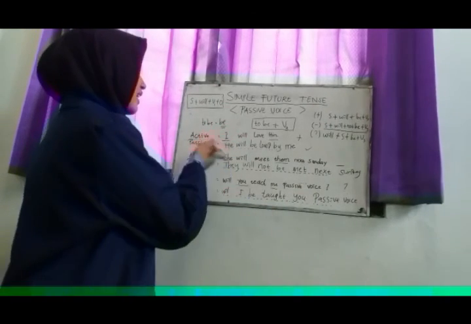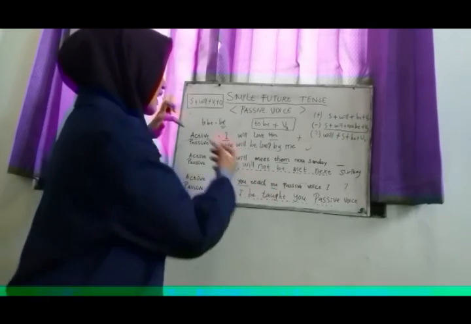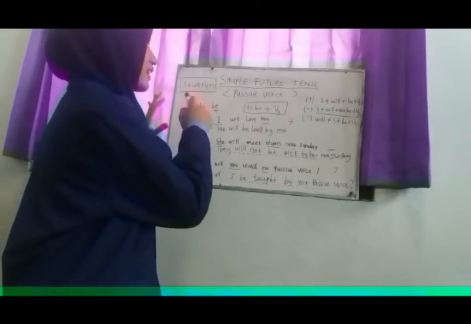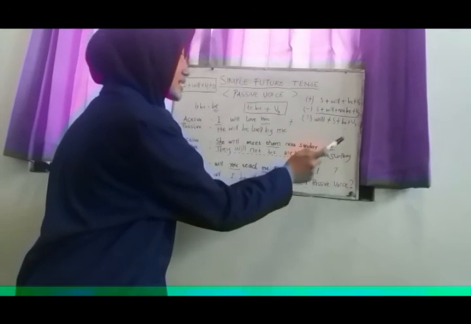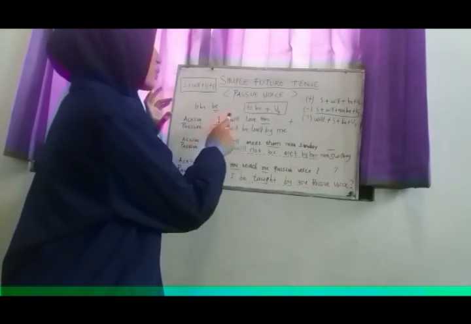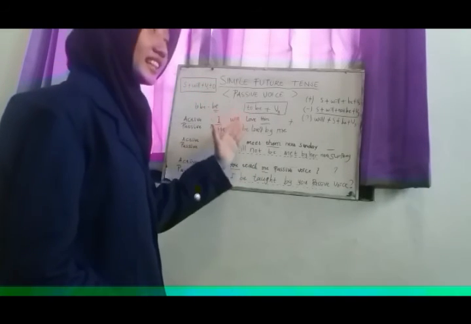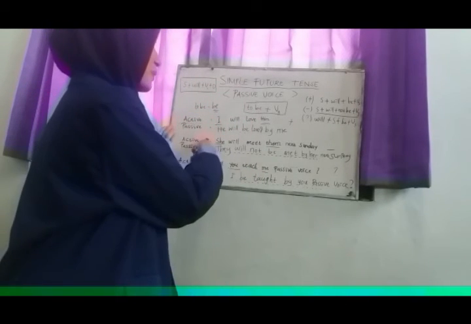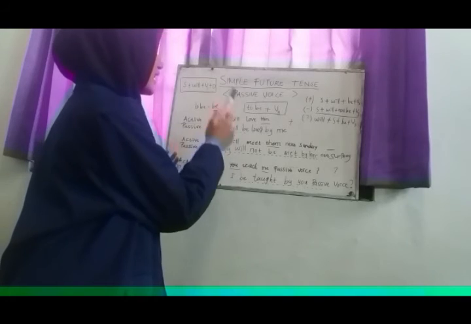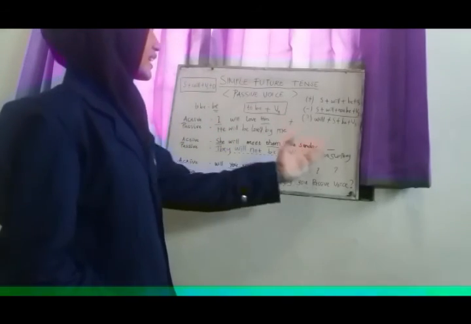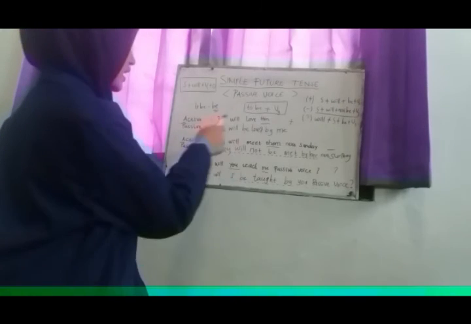Okay. To remember, the active sentence, this one. This is the positive sentence, negative sentence, and interrogative sentence. In active sentence, I will love him. In bahasa, saya akan dicintai oleh dia laki-laki. But in passive, dia laki-laki akan dicintai oleh saya. And in negative sentence, she will meet them next Sunday.